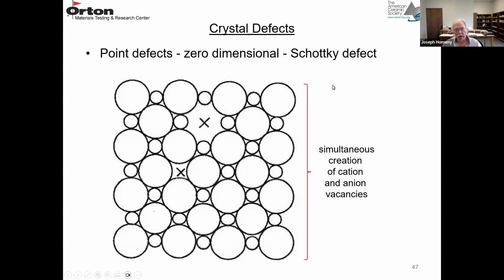But in a Schottky defect, it's the simultaneous creation of both a cation and an anion vacancy. The larger circle here would be your anion, the smaller circle would be your cation. So now these are both removed, charges balanced in the crystal structure, but now you have two vacancies, an anion and a cation vacancy. So that's a Schottky defect.